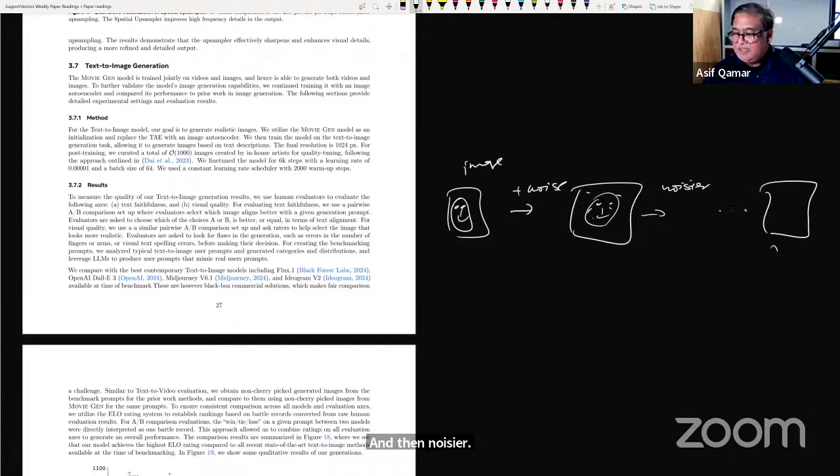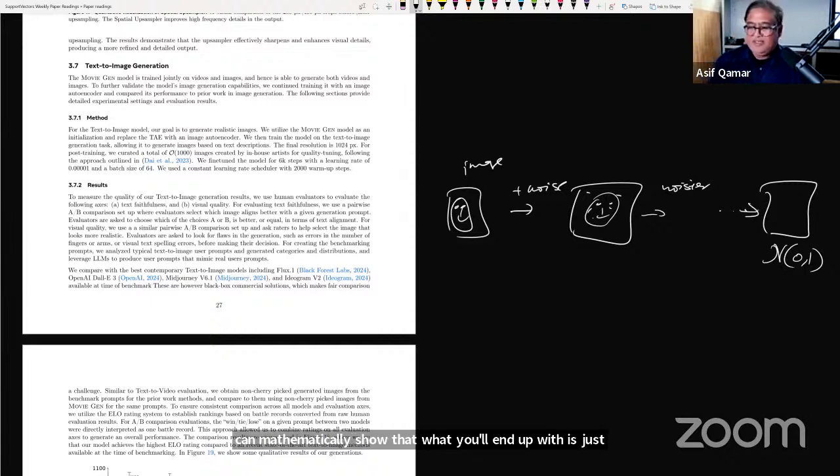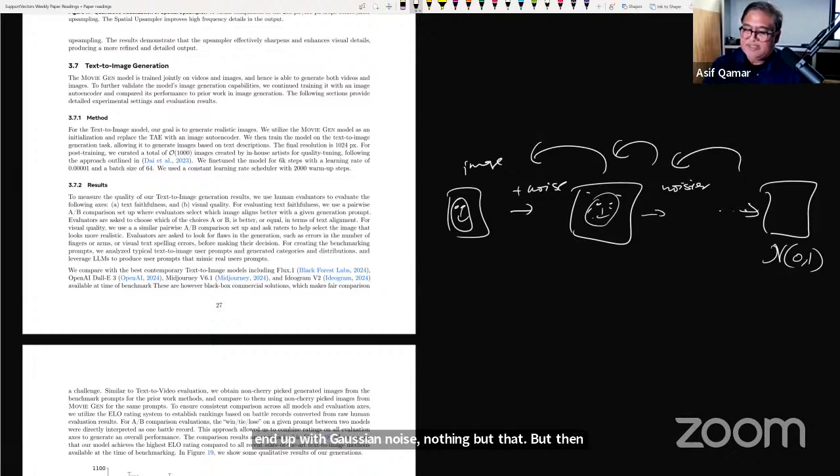Finally, you have nothing but a normal distribution. You can mathematically show that what you'll end up with is just noise at the end of it, which is common sense, right? You'll end up with Gaussian noise, nothing but that. But then you train the machine to, at each step, be able to reverse it, undo the noise, so that it learns how to inject some sort of real world structure by denoising. So this was the reverse diffusion process.